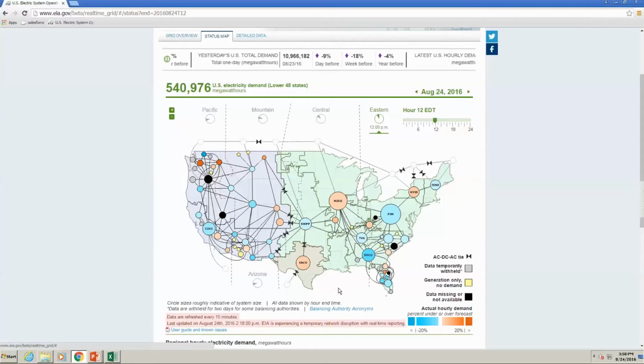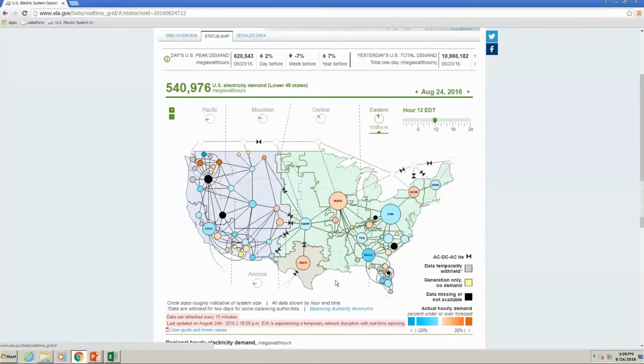The other colors, the main colors you see here, are the blues and the oranges. There are various shades of those, and those indicate a relationship between the actual and forecast demand. I thought that relationship might be something that people are interested in seeing. A blue circle means that actual demand is below the forecast demand.